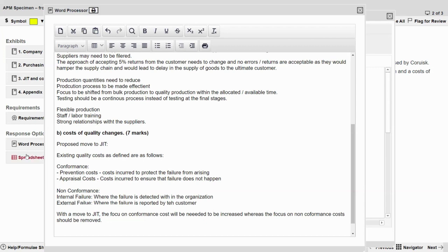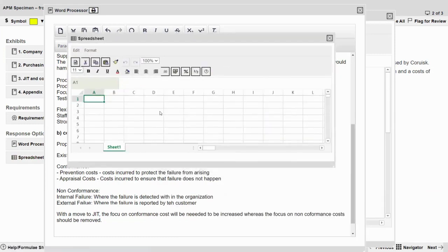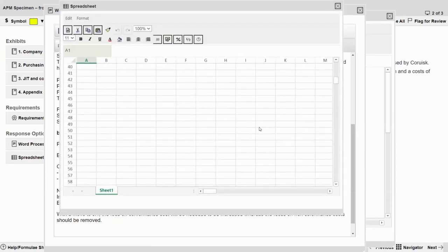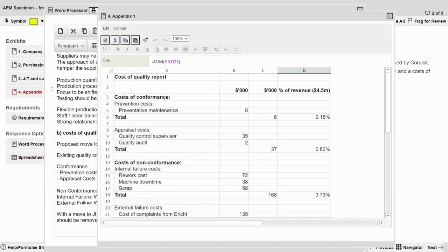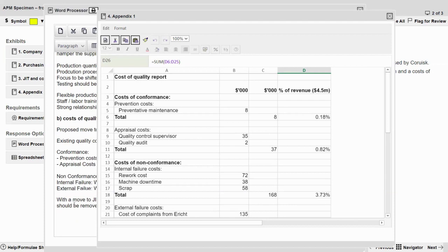Now, the existing costs: supplier screening and evaluation will increase for the prevention cost.